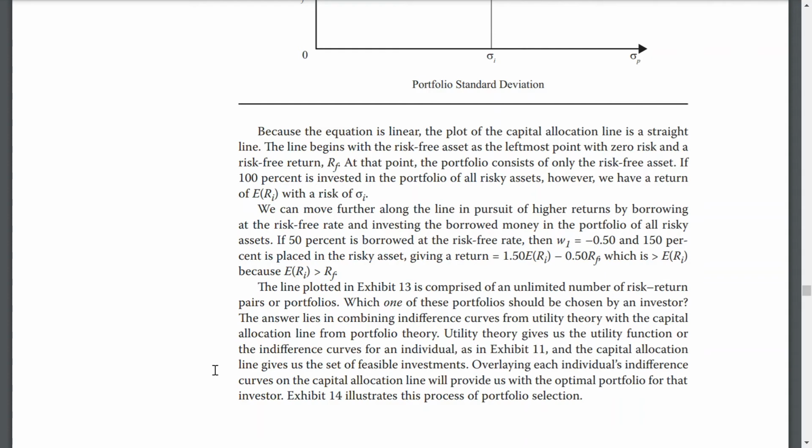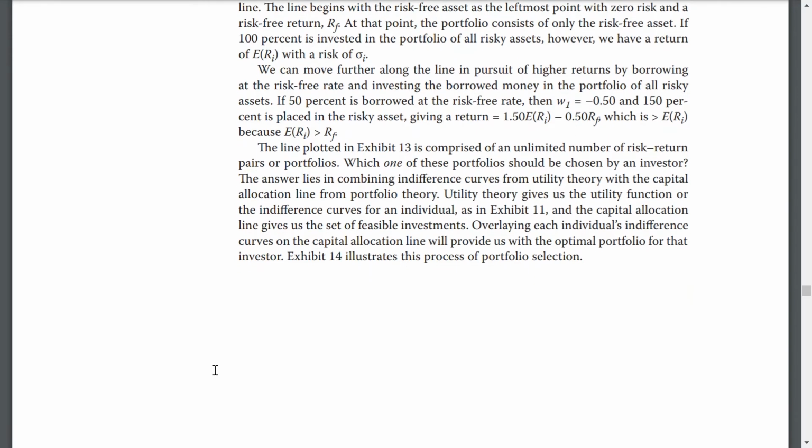With the capital allocation line from portfolio theory, utility theory gives us the utility function or the indifference curves for an individual, as in Exhibit 11.